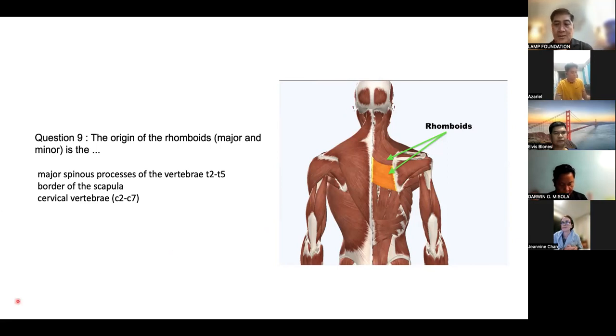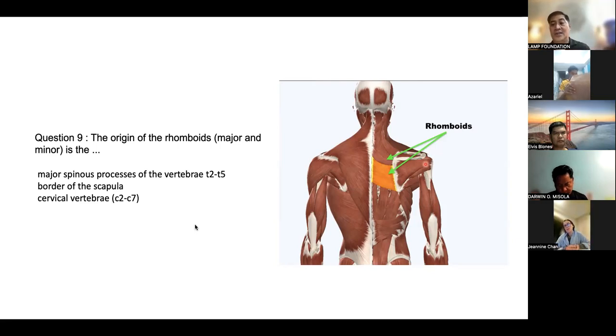Anong part po ito ng vertebra? Thoracic vertebra. Thoracic 2 to 5. Okay? Okay. So I hope, at least sorry, isa pa lang yung mali. No problem.